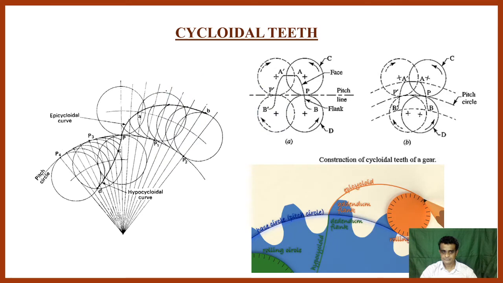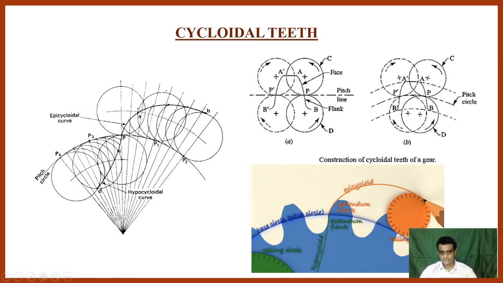Okay. The second one is the cycloidal tooth profile. In the earlier case, the involute tooth profile, we considered the base circle, and in case of the cycloidal tooth profile we have to consider the pitch circle. Just try to understand. On that pitch circle we consider one circle which is allowed to rotate on or above the pitch circle without slipping.